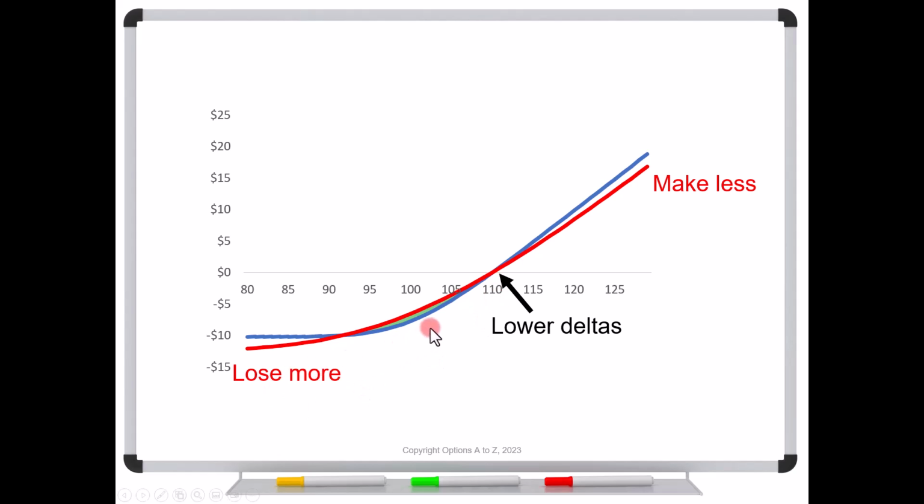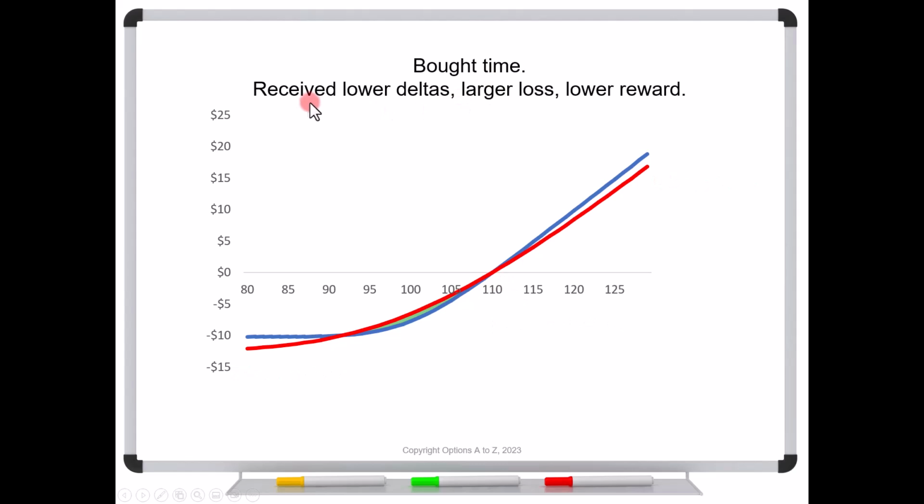So that's why I say it's really just not a good argument, but that would be about the only benefit. But the things that really stand out, because you've bought time, you've received lower deltas, larger potential loss, and a lower potential reward. So not much of a benefit at all for rolling out the option early.